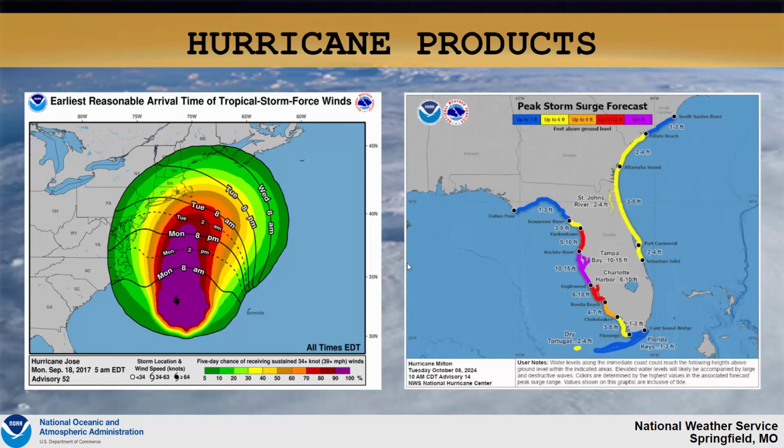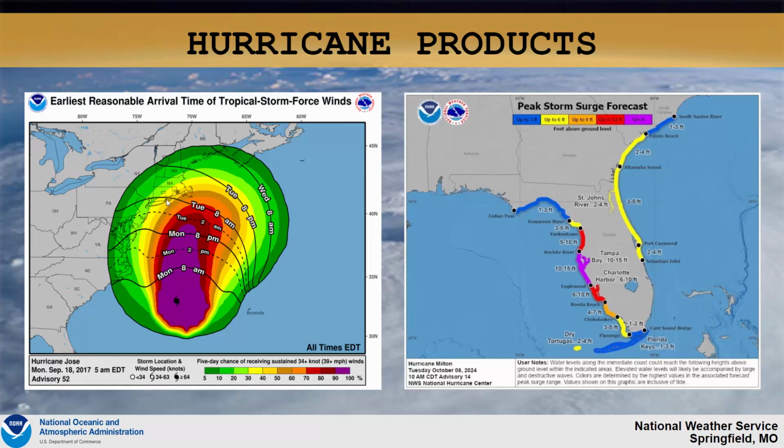For example, the graphic on the left here shows the probability of a location experiencing tropical storm force winds at a specific time. So anywhere in this purple area basically has a 90 to 100% chance of experiencing tropical storm force winds. And then these black lines show the approximate arrival time of those winds.